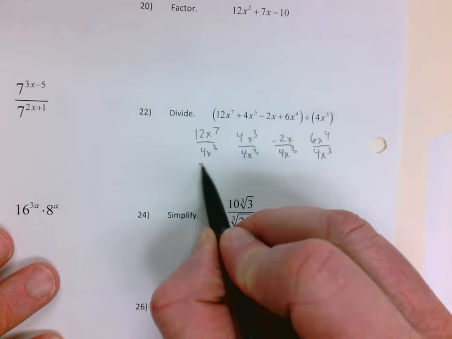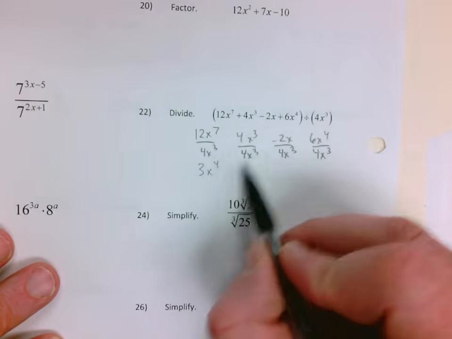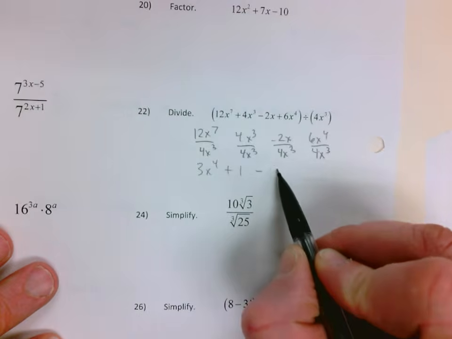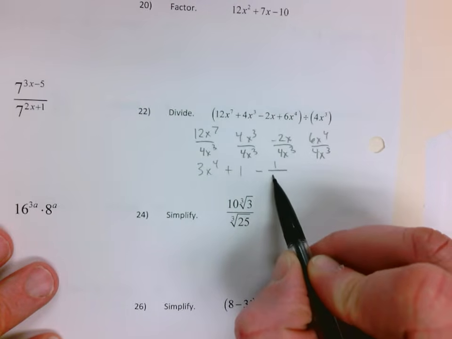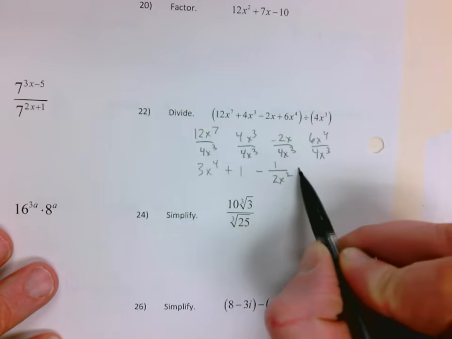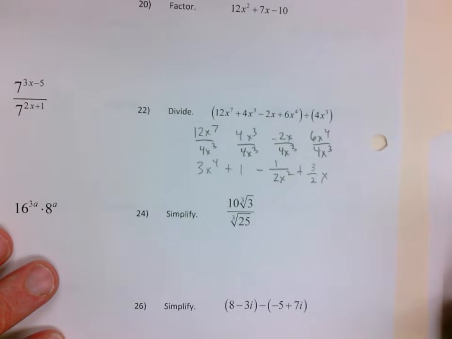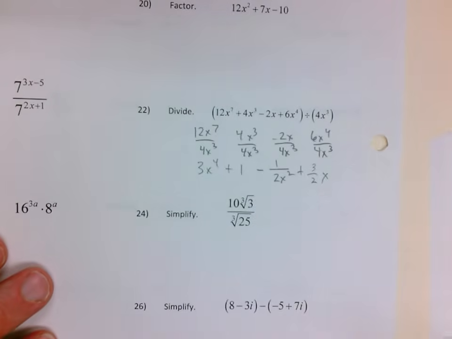So 3x to the 4th plus 1 minus 1 over 2x squared plus 3 halves x. You could reorder those, but that's the final answer there.